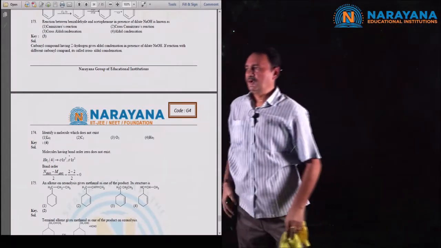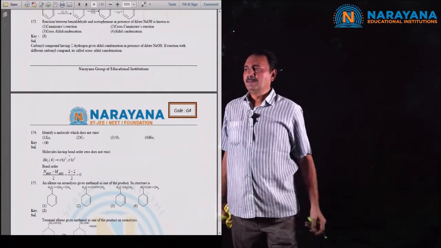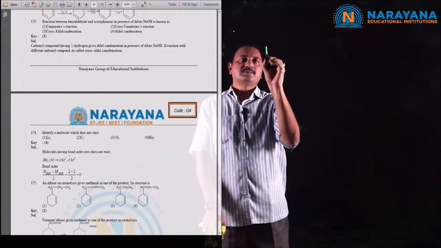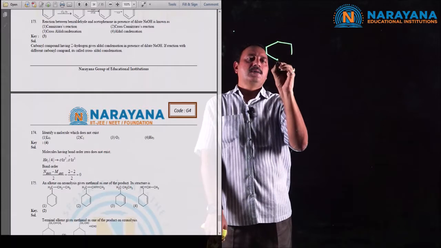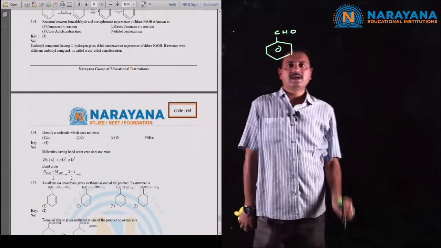Next question number 173. Reaction between benzaldehyde and acetophenone. Now this is benzaldehyde. Another one is acetophenone.